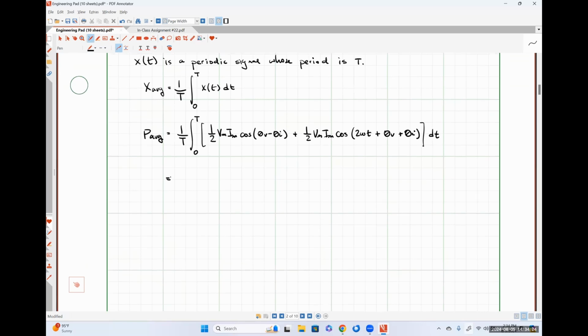So I'm going to break this into two distinct integrals.